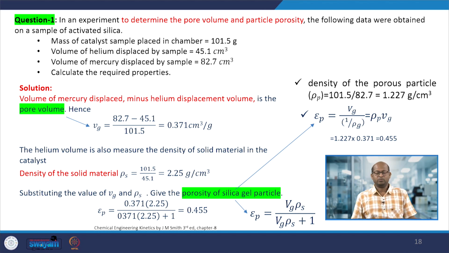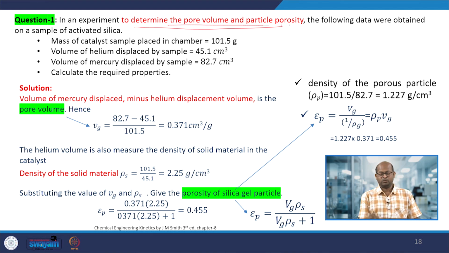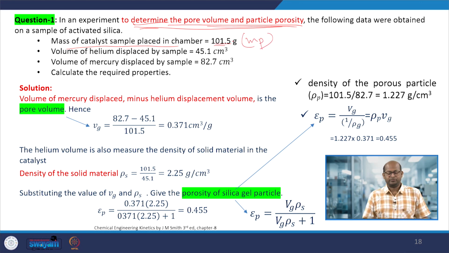See here, one numerical example is shown. In these two methods, in the first one we have to determine the pore volume or particle porosity. You have to determine the sample, or the mass of the catalyst or material that was taken, Mp equals 101.5 grams. In the helium displacement method, this is the volume of helium displaced by the sample, and this is the volume of mercury displaced by the sample.